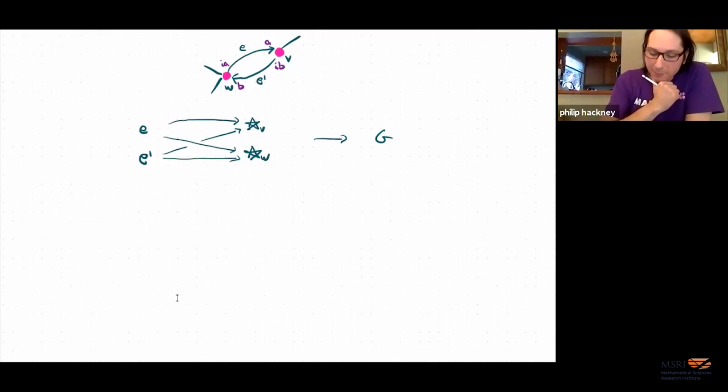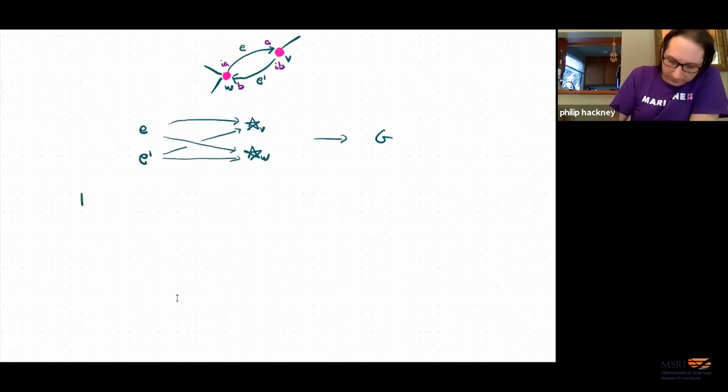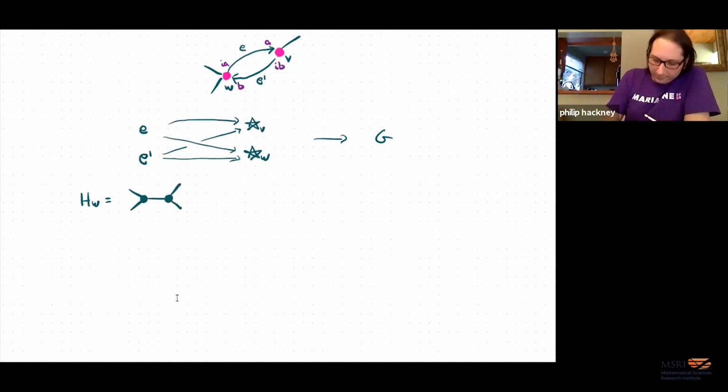So IA points towards W and IB points towards V. Okay, and now I take some other graphs. Maybe H looks like this, and maybe HV looks like this.